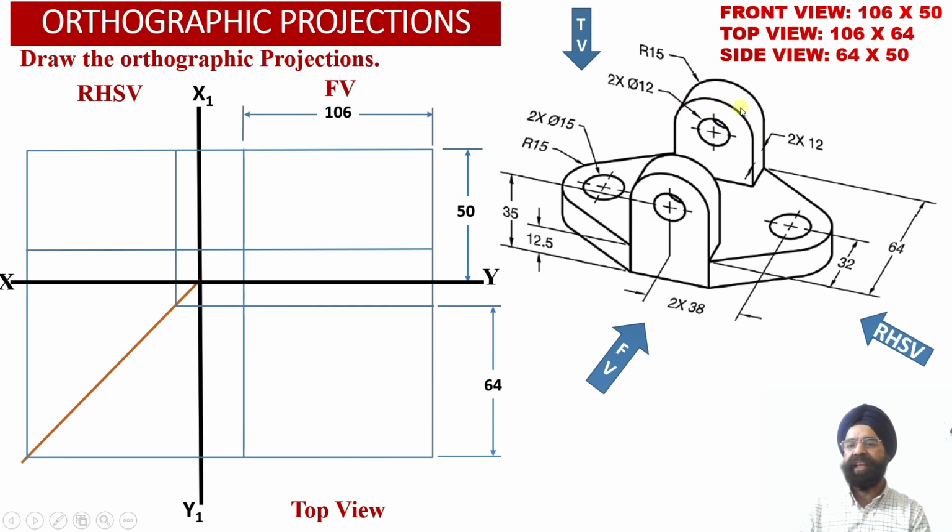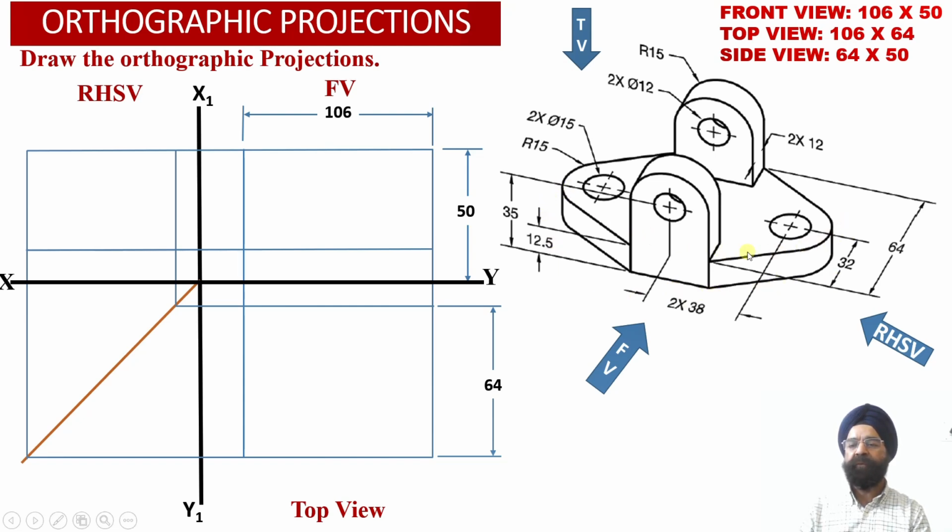We can check this radius happens to be 15 millimeter. So this width of this vertical web happens to be 30 millimeter. So the element number 3 is again a vertical web which is lying towards the rear side of the solid over here.